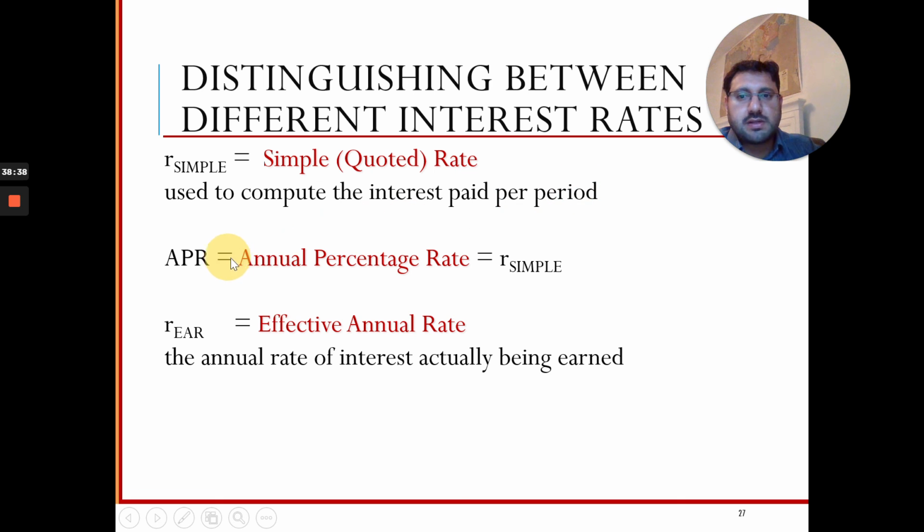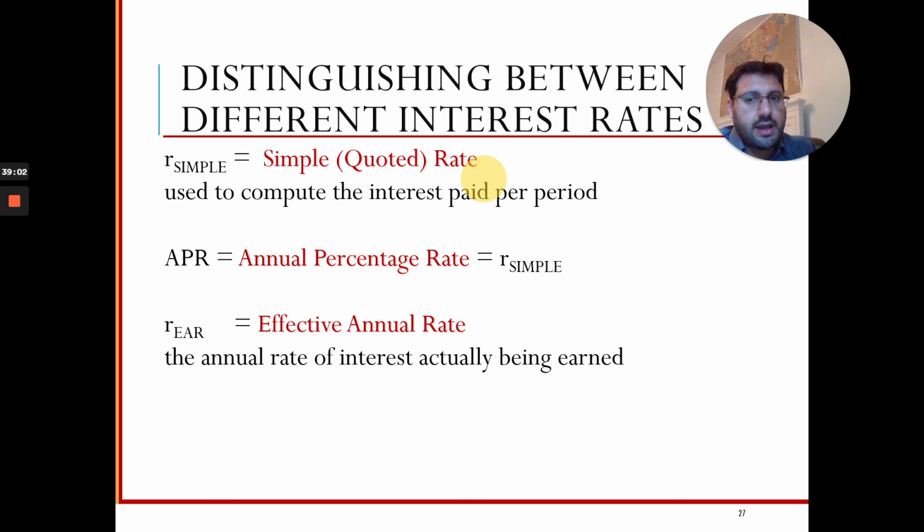So annual percentage return is basically the same simple interest rate. But we have to convert this simple interest into a per period interest if the interest is being paid more than one time in a year. And we will see with some calculation in the next slide.